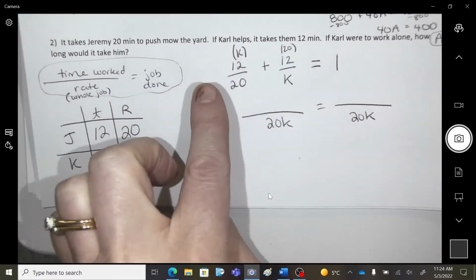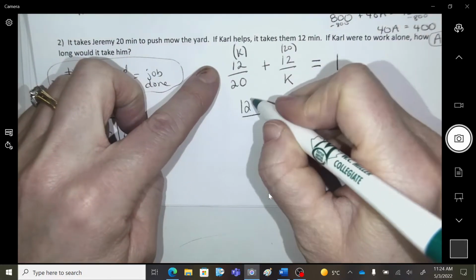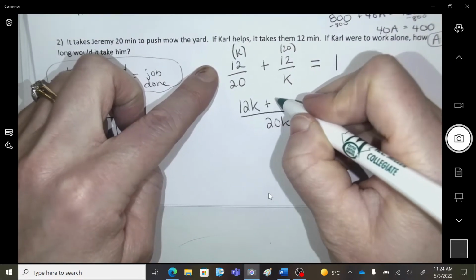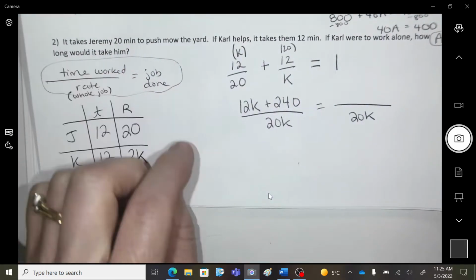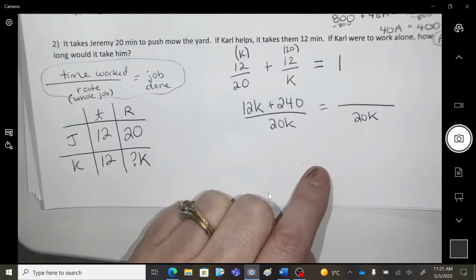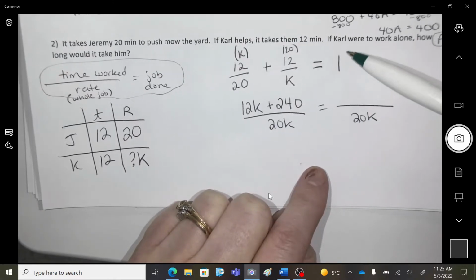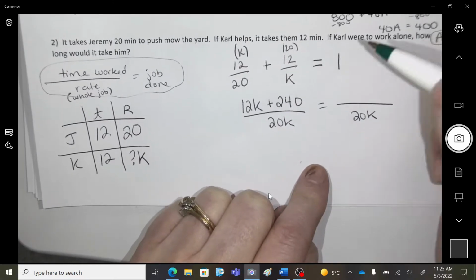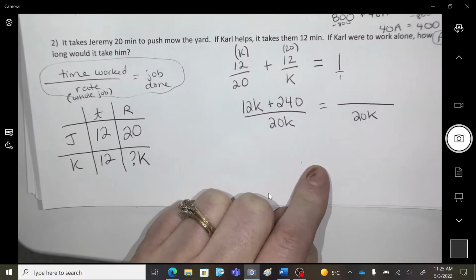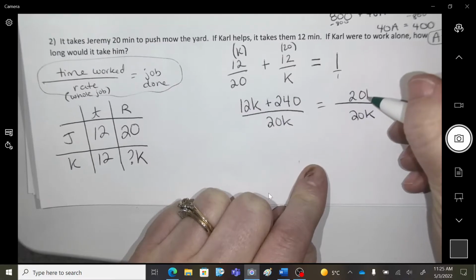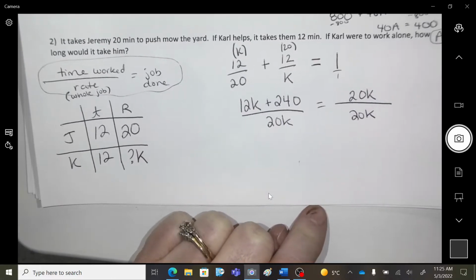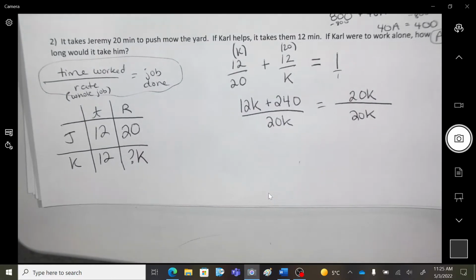So I'm going to have 12k plus 240. And what am I going to have to multiply this by? It's really like over 1. So it needs to be 20k over 20k, because that's how you make a 1, right? The same thing over the same thing.